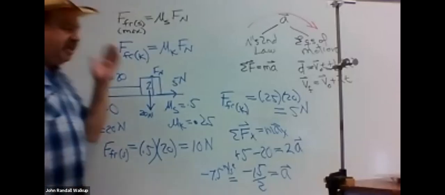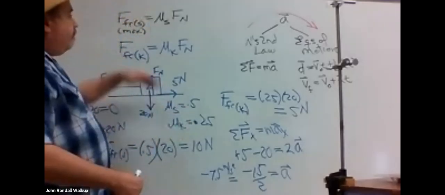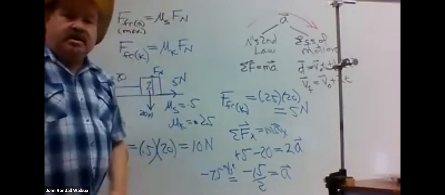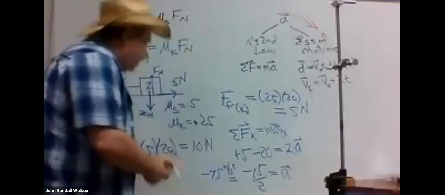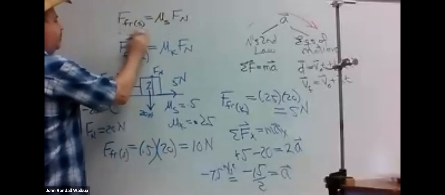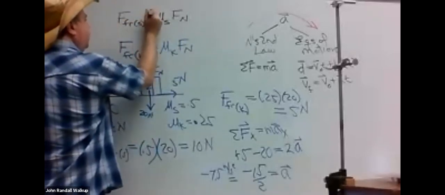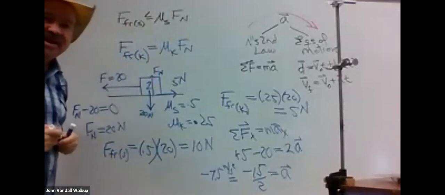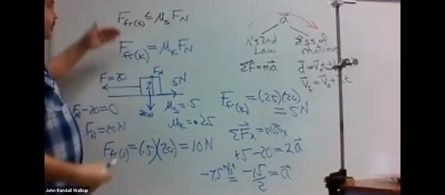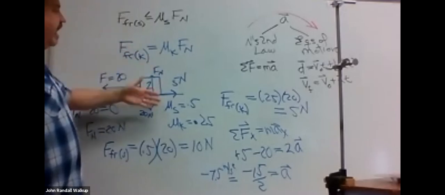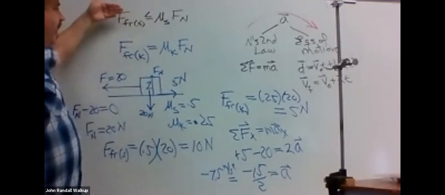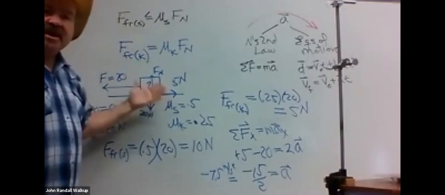Okay, so make sure you understand the static one, this is only a maximum value. They often write it this way. Instead, they just take the maximum off and they say it's less than or equal to. It's the same statement. And you have to first find out in a static case if the force of friction is going to be high enough to keep this object from accelerating.